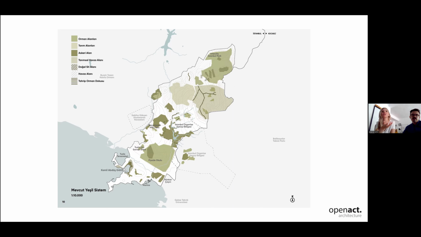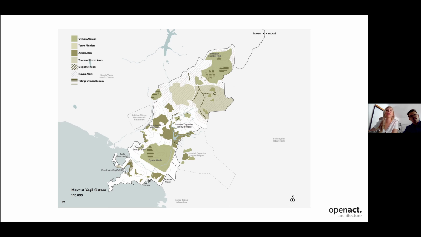And then when we look at the green system, because it's such a big area, we wanted to make as many layers as possible to be able to understand what's going on. We are working on the peninsula, on the southern part. And as we were looking at the northern part, we have seen that the larger green systems are actually on the northern side, and mainly it's because they are protected, because they are still military lands and so on.